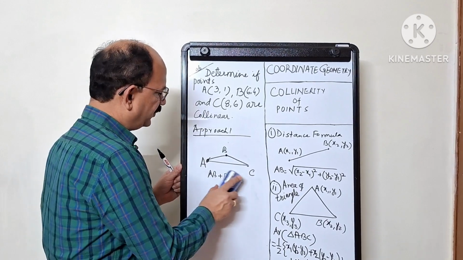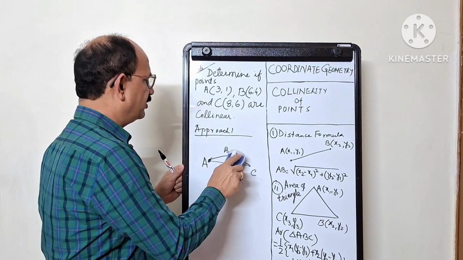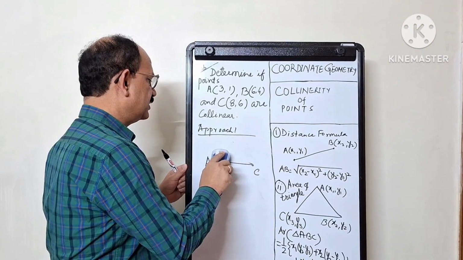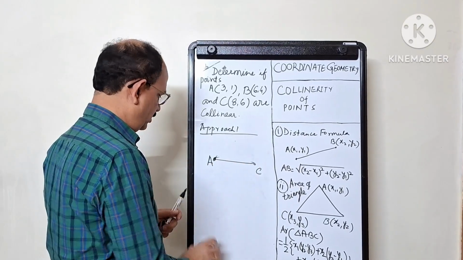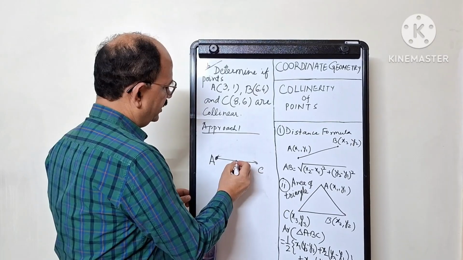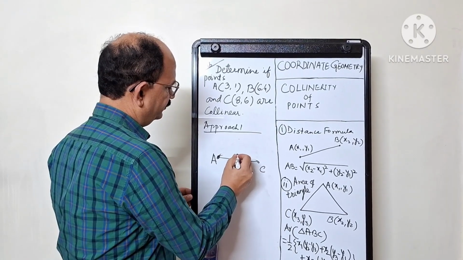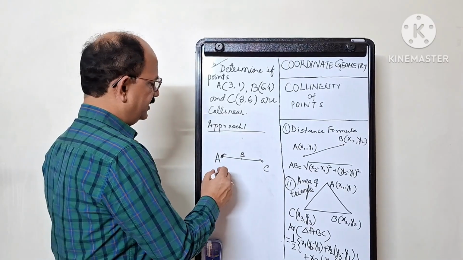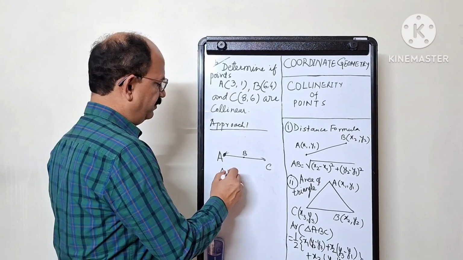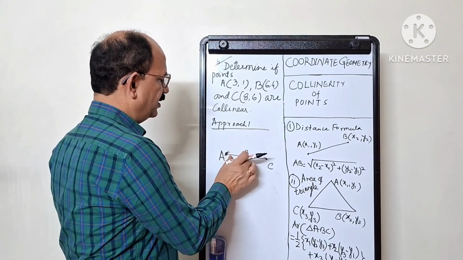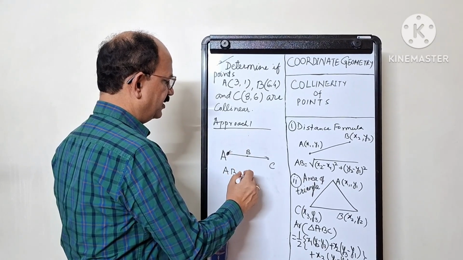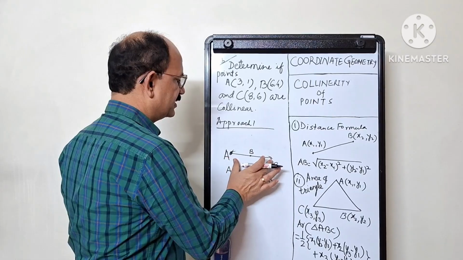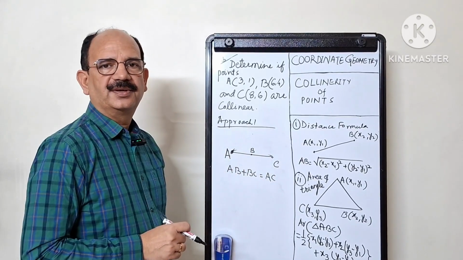What if we bring this point exactly on this line itself? If that is the case, then AB plus BC will become equal to this entire length AC.